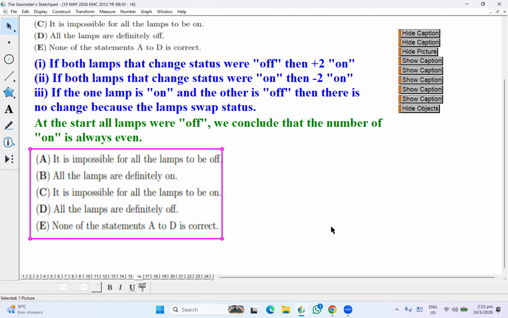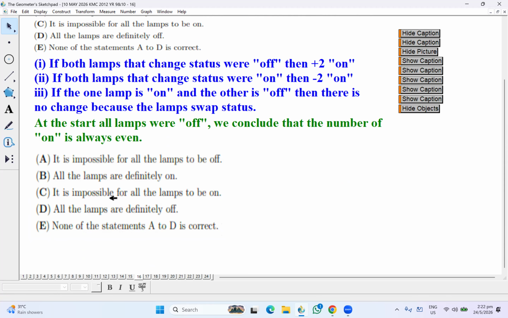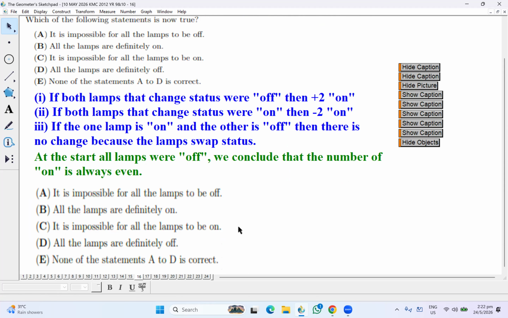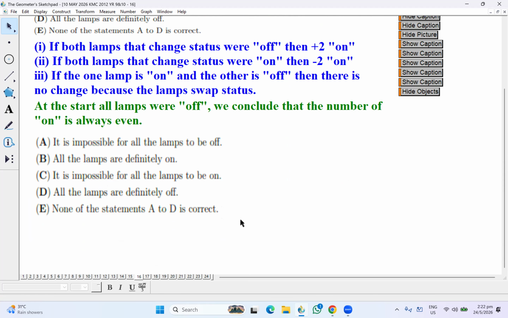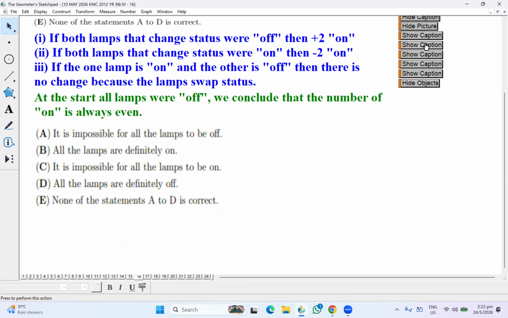Now we want to check which statement is true. The question asked, which of the following statements is true? The first one: it is impossible for all the lamps to be off. True or false? All lamps at the start are off. Then after a while, can all be off?